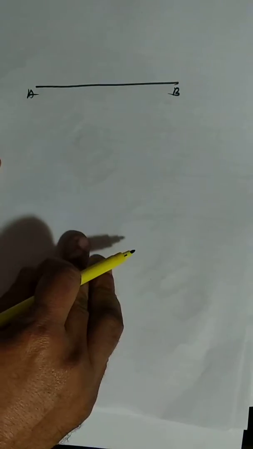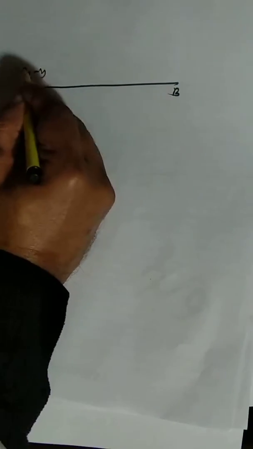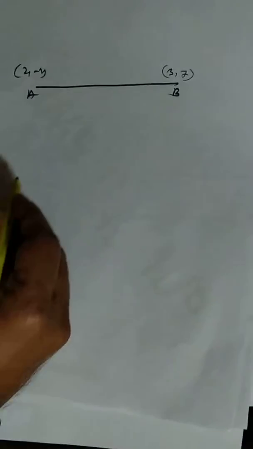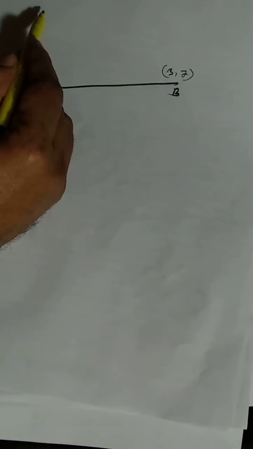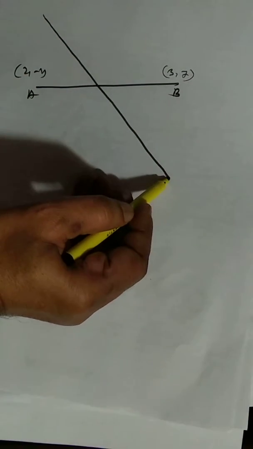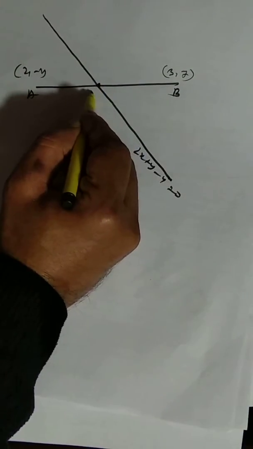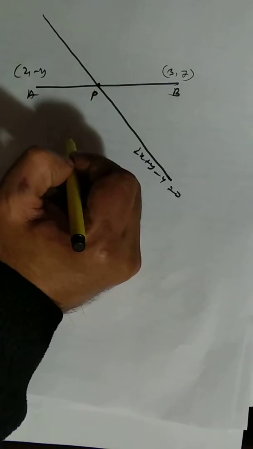Determine the ratio in which a line segment joining points A, B, whose coordinates are (2, -2) and (3, 7), is divided by a line whose equation is given, say 2x plus y minus 4 equals 0. You want to find in what ratio this particular point is dividing AB.